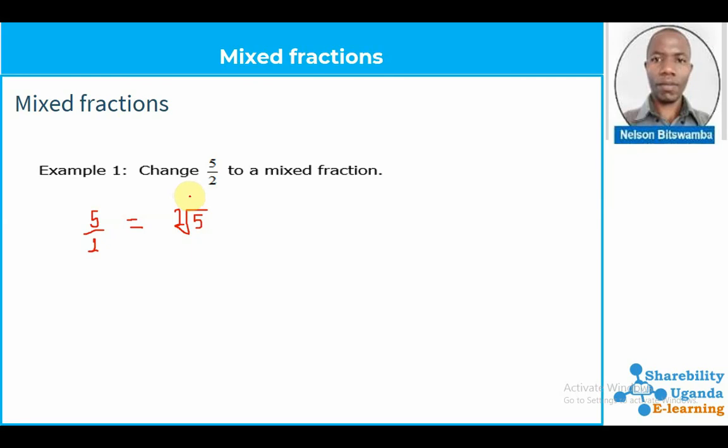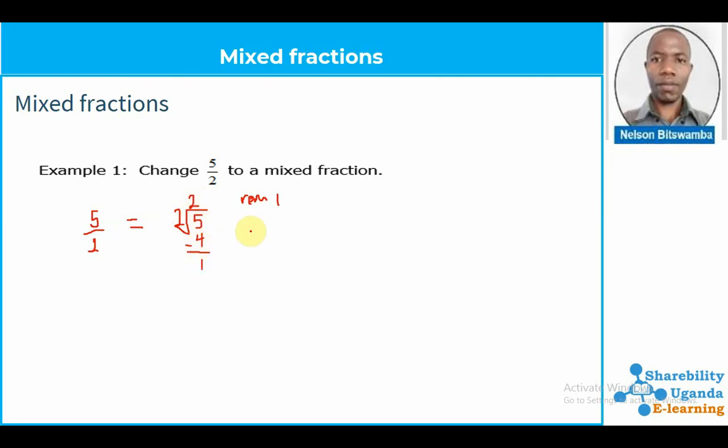Two times 2 is 4, and for us to get the remainder we say 5 minus 4, which leaves 1. So when you divide 5 by 2, we get 2 remainder 1.